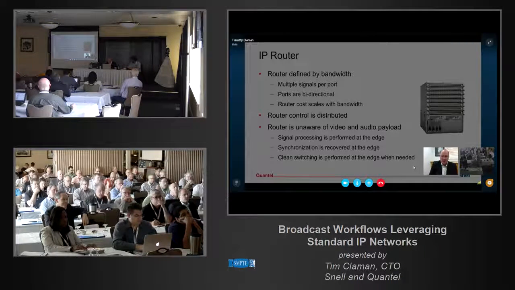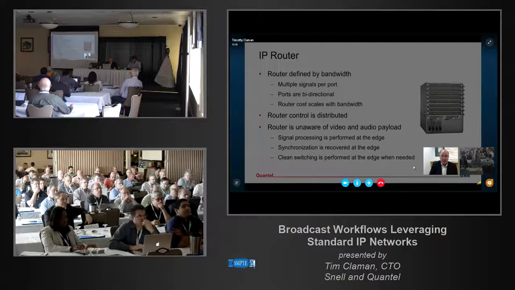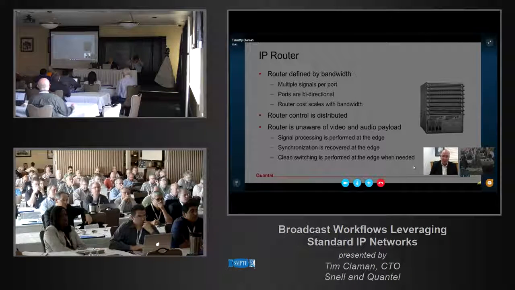In one sense, this means that a standard IP core is less powerful because it can't process the signals the way an SDI router can, but it also makes the system overall more flexible because it's data agnostic. An IP switch doesn't know if the video passing through it is SD, HD, 4K, or 8K. It doesn't know whether it's 420 or 422. It just focuses on moving the packets where they need to go as efficiently as possible.